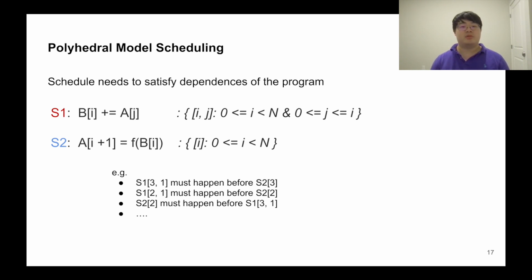In this example, the iteration 3,1 of the statement S1 must happen before iteration 3 of statement S2. The iteration 2,1 of statement S1 must happen before iteration 2 of statement S2. Further, the iteration 2 of the statement S2 must happen before iteration 3,1 of statement S1. And of course, there are many more of these dependencies in the input program.